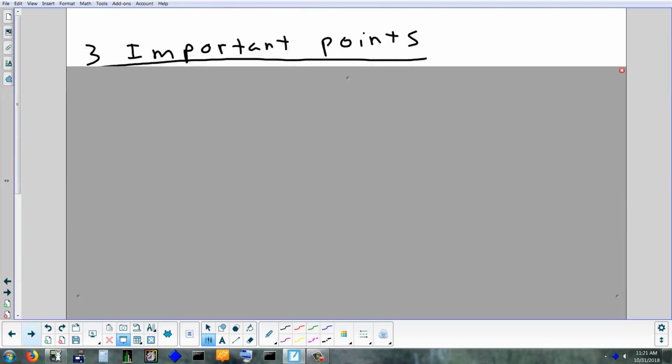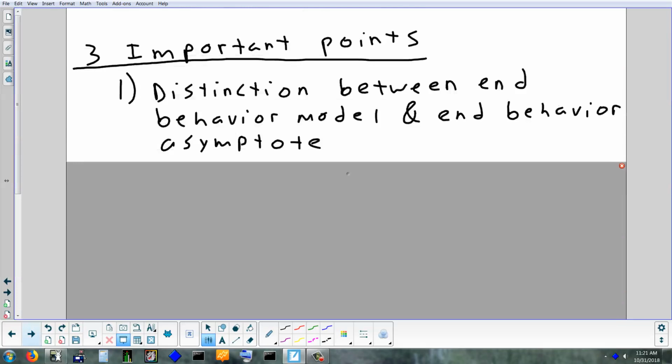So, a couple important points, especially the difference between the EBM and the EBA. The EBA is when you do long division. The EBM is when you just take the highest degree term in the top and divide by the highest degree term in the bottom. So the process to calculate them is different.